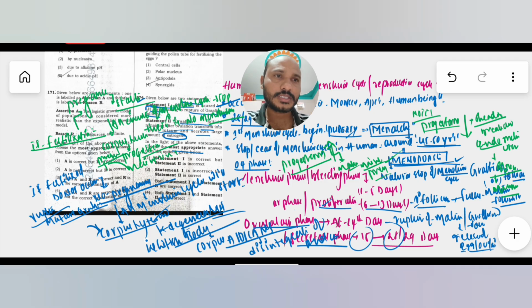If the corpus luteum is maintained, there is production of progesterone hormone. But here the corpus luteum is not maintained.